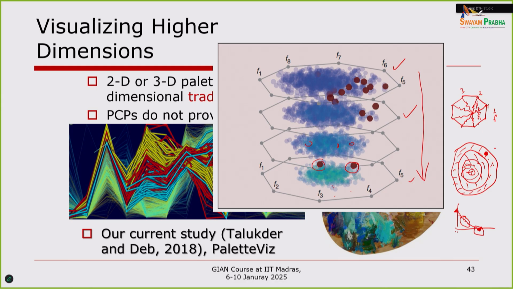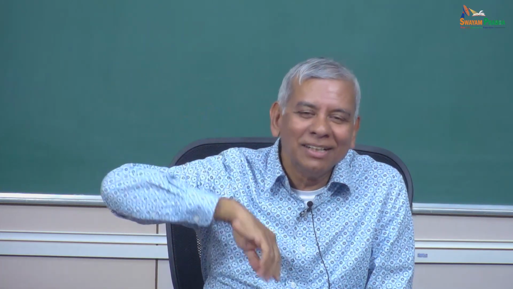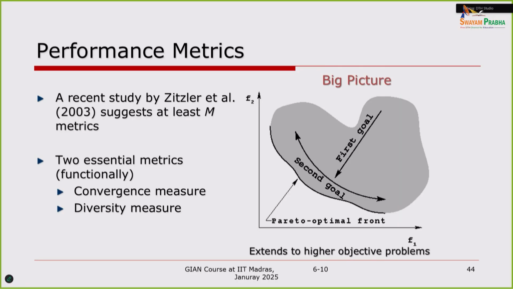Our data has trade-off: you sacrifice in one objective to gain in another. So for that kind of data, we should have our own ways of showing them. This is something we figured out, but I think there is more scope here to do stuff. Okay, that's all I'm going to say on the visualization methods.